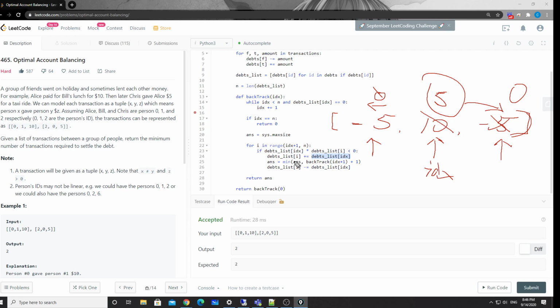I think I have talked too much, but I just want to emphasize this unique way of tracking the settlements among different numbers. We're always looking forward, and we're assuming the current one is settled. That's why we can safely move forward.